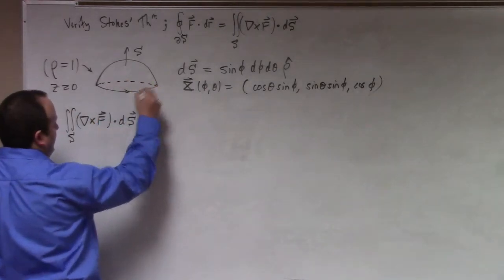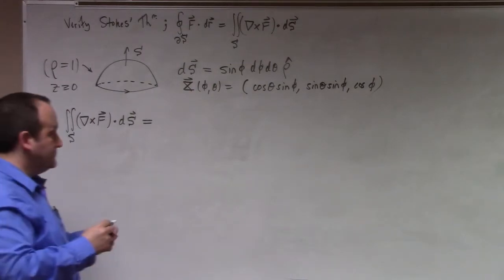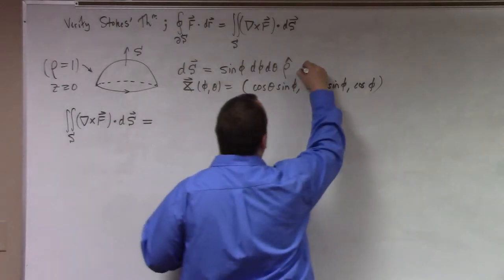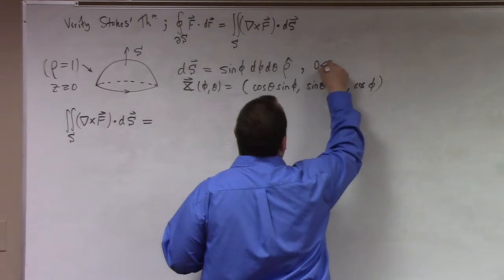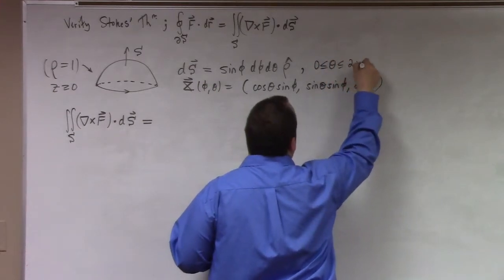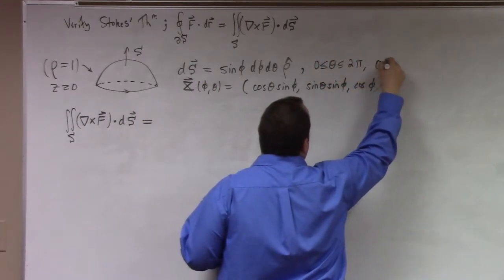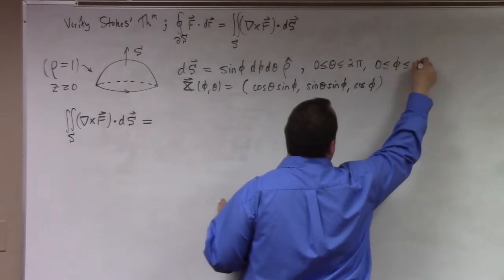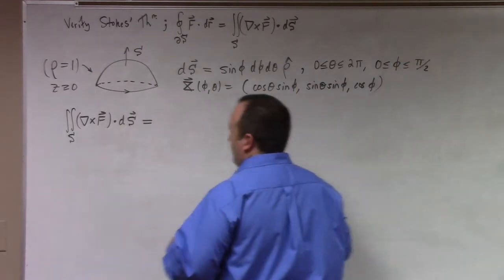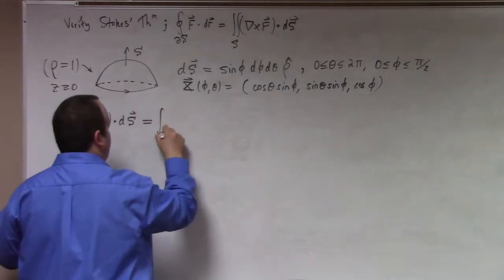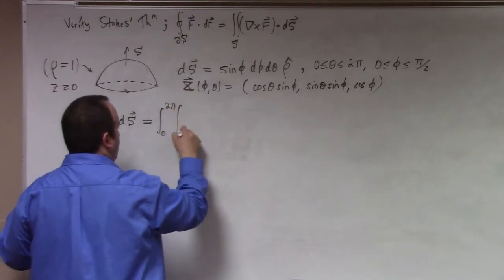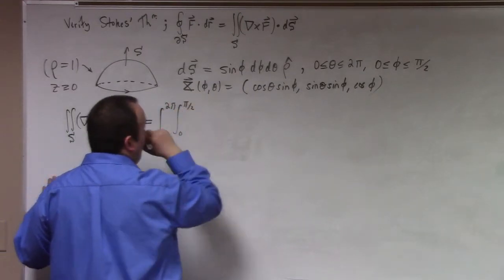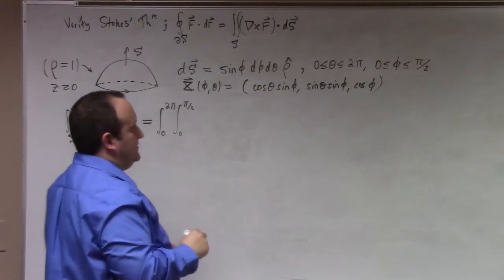What's the range of the parameters? I'll do the easy one: 0 less than or equal to theta, less than or equal to 2 pi. How about the phi? Pi over 2. Very good. So I'm supposed to do the integral from 0 to 2 pi, integral from 0 to pi over 2, and then the curl.